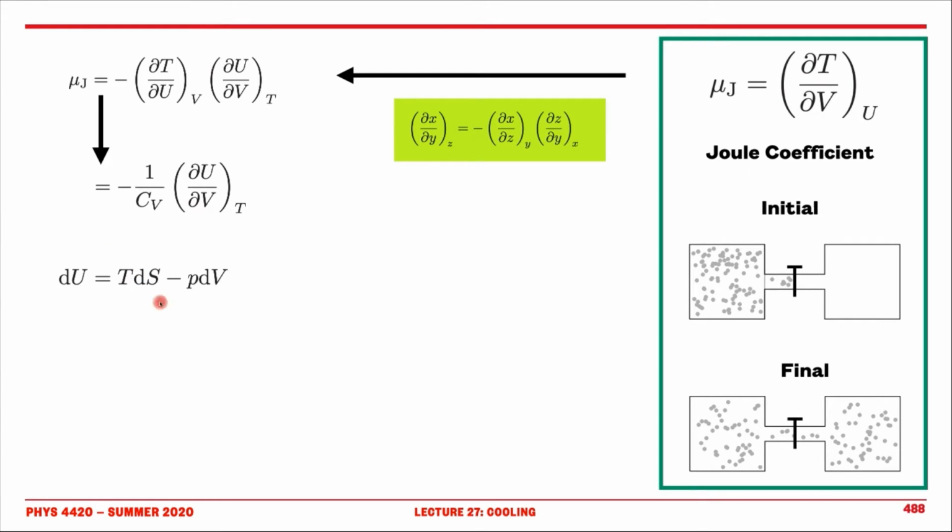We're going to go back to the first law of thermodynamics, where we can write dU equal TdS minus PdV. And of course, that allows me to directly see what dU over dV is at constant temperature. It is TdS over dV minus P. So directly getting this partial derivative from this equation. There's nothing really unusual here.